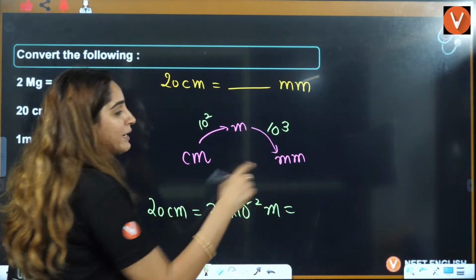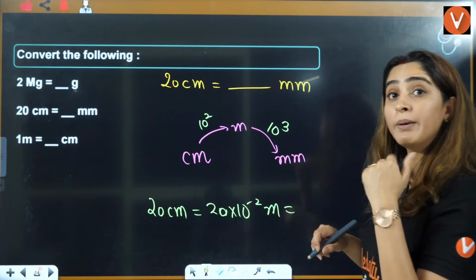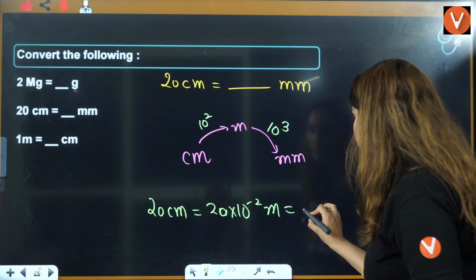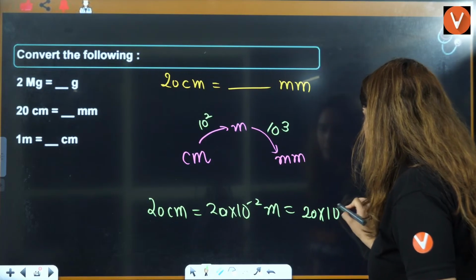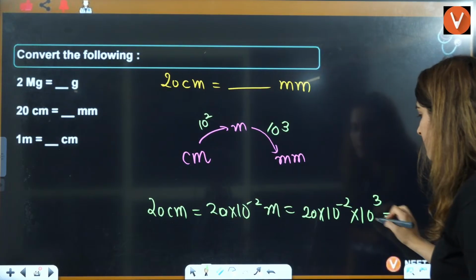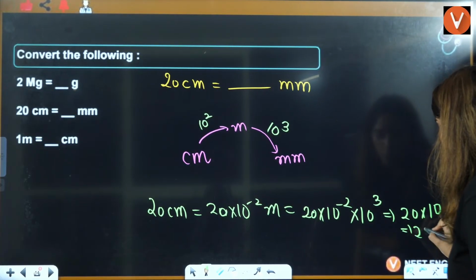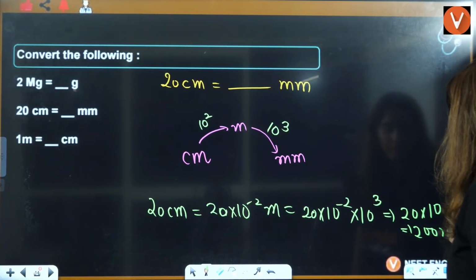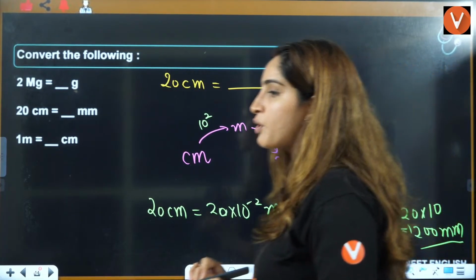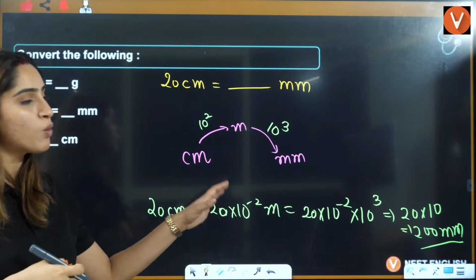Then meter is again converted to millimeter. Now larger to smaller, it will be multiplied. Now it is 20 into 10 raised to power minus 2 multiplied by 10 raised to power 3. This will become 1 only. So it will become 20 into 10. So that will become 200 millimeters. That is going to be the answer here. Okay, the answer is going to be 200 millimeters.